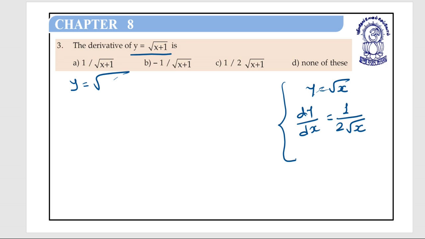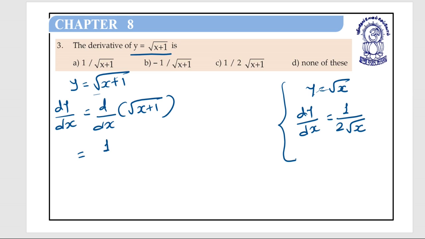Y is equal to under root x plus 1. So dy by dx is equal to 1 upon 2 under root x plus 1.